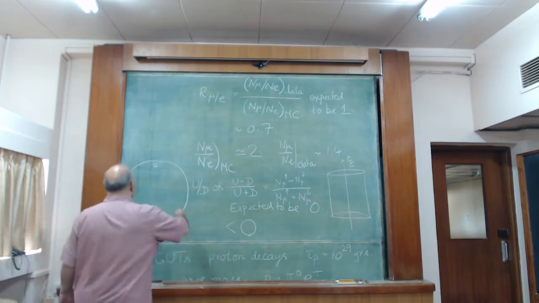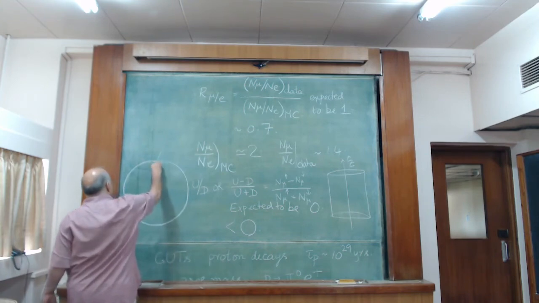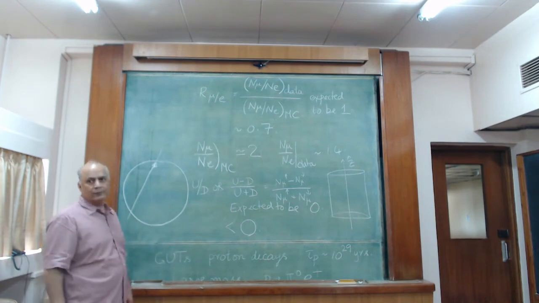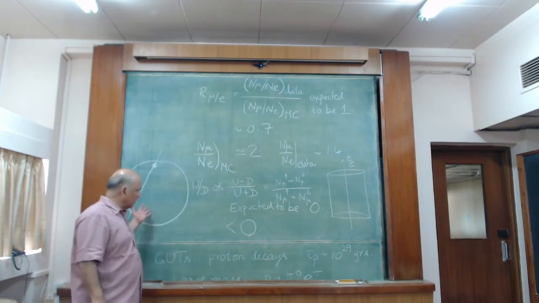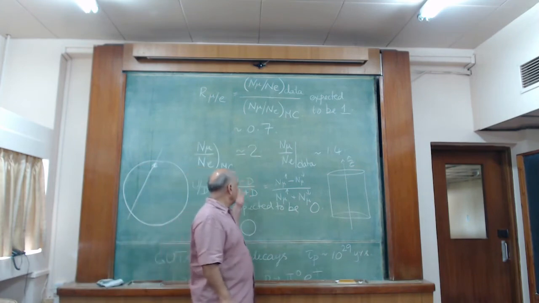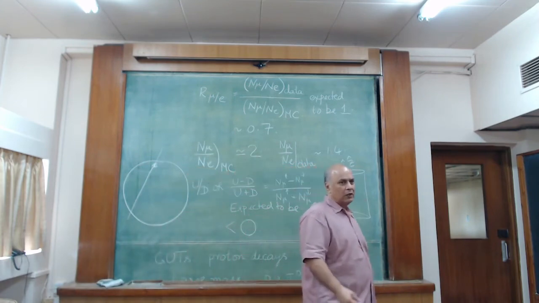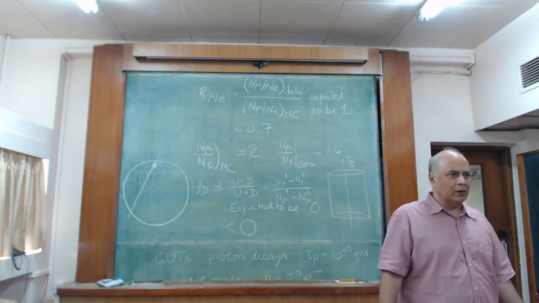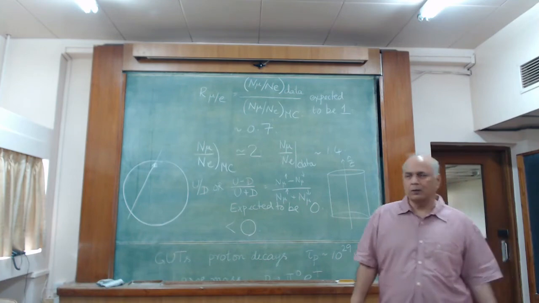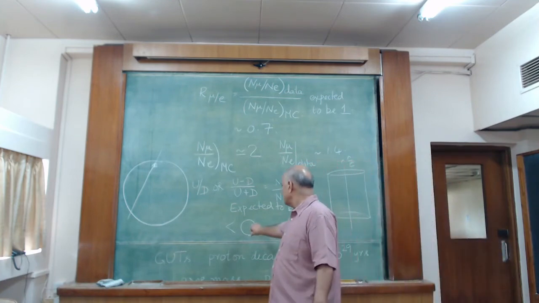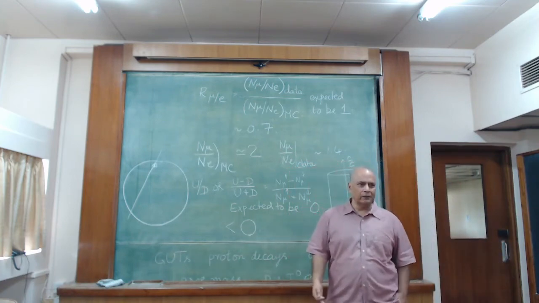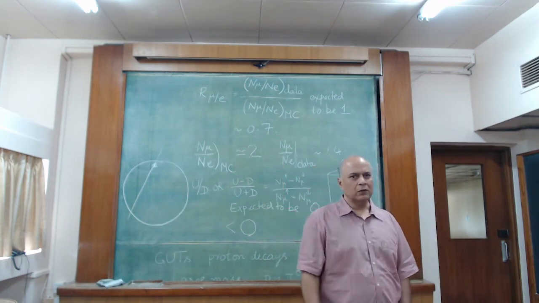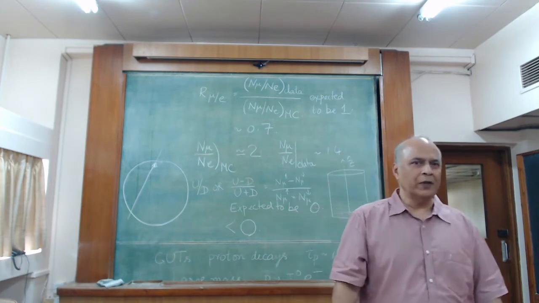The number of neutrinos coming in like this is equal to the number of neutrinos going like that. That is the reason why, for this up minus down by up plus down ratio, the Monte Carlo prediction is that we expect it to be 0. But the measurement showed that it is negative. There are fewer upward going muons compared to downward going muons.